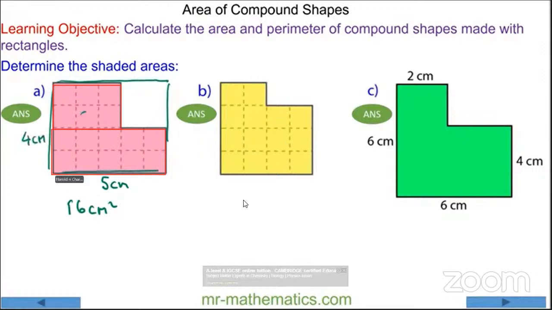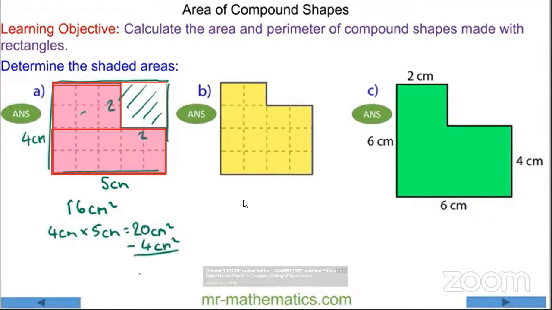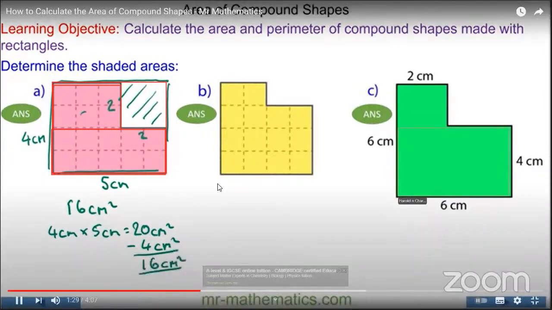So the area of the big rectangle would be 4 centimeters times 5 centimeters, 20 centimeters squared. Take away the area of this square in the corner, which is 2 by 2, which is take away the 4 centimeters squared. So in total, 16 centimeters squared.